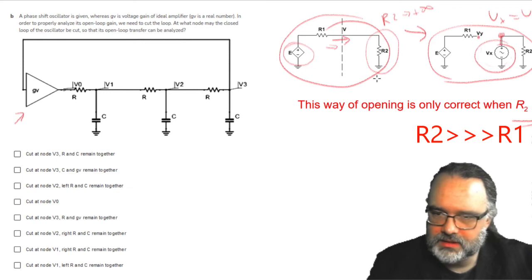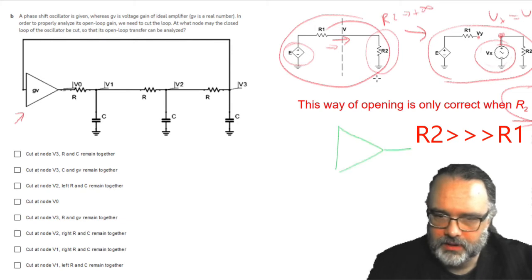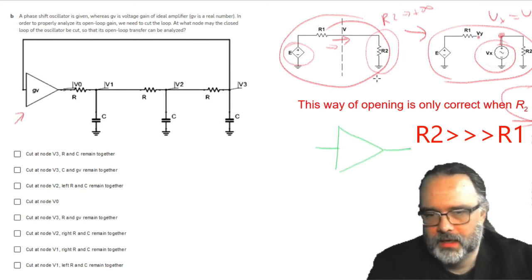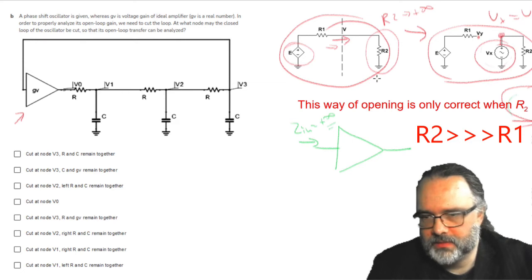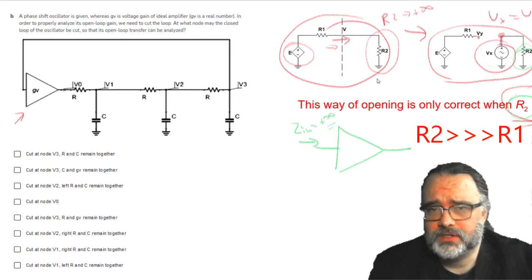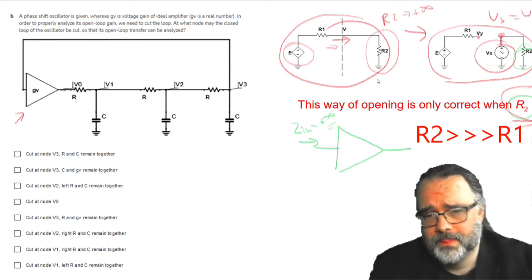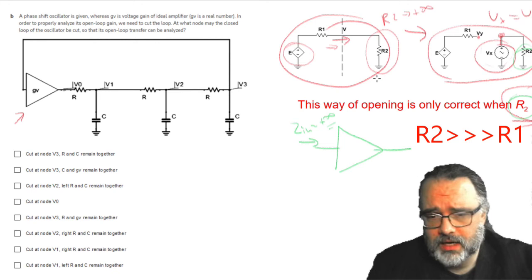Now, this condition occurs often when we have an ideal component in our loop, like an ideal voltage amplifier. Why? Because the input impedance is infinity, which directly satisfies the requirement that R2 being infinity is much larger than any finite number. The other condition is that the output of a voltage amplifier is an ideal voltage source.